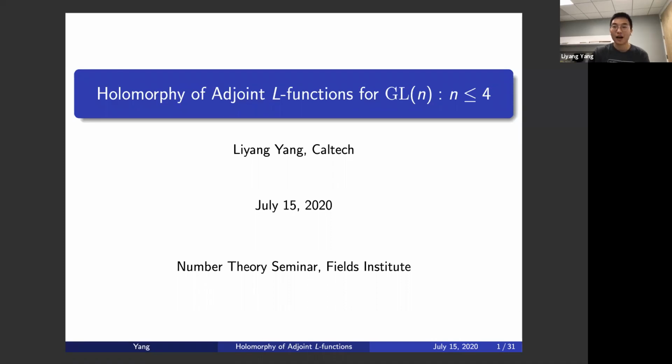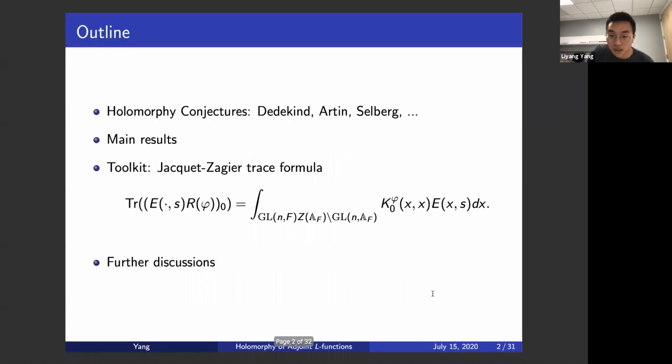Here's the arrangement for this talk. First, I'll introduce some holomorphy conjectures like the Dedekind conjecture, Artin conjecture, Selberg conjecture, and then the Langlands philosophy. And then we'll provide our results towards some cases of these holomorphy conjectures. And then we'll introduce the main idea of the proof, at least some ingredients.